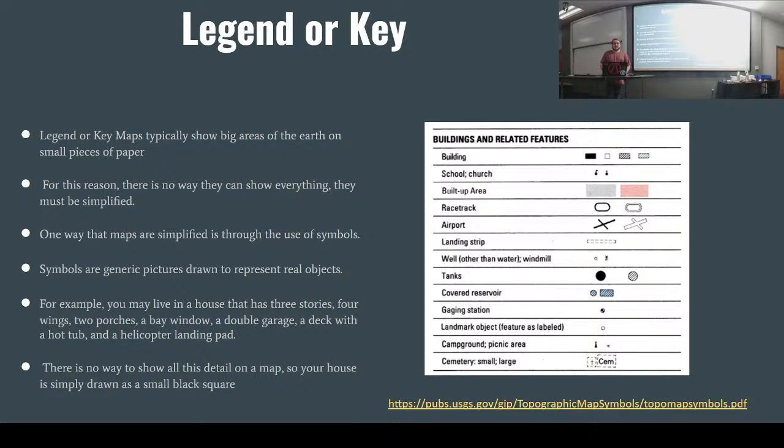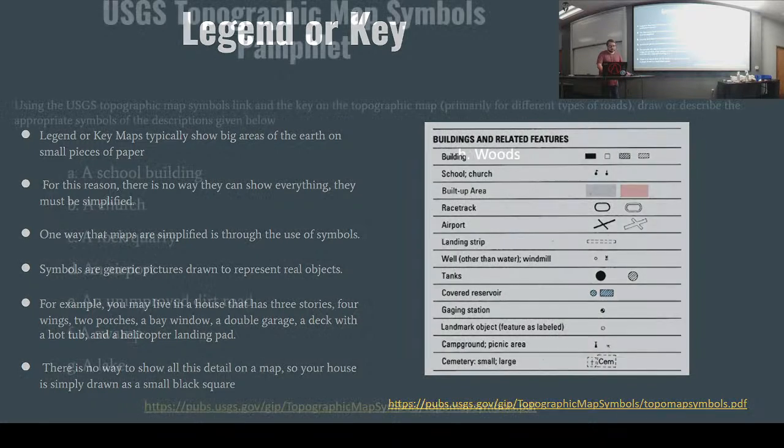It places a key into a corner of a map, and it describes different symbols or colors or pictures that you might find on the map, and lets you know what they are, because maps typically take a big space and squish them down into a little piece of paper. So symbols and graphics and colors have become kind of a shorthand to let people know what things mean on a map.